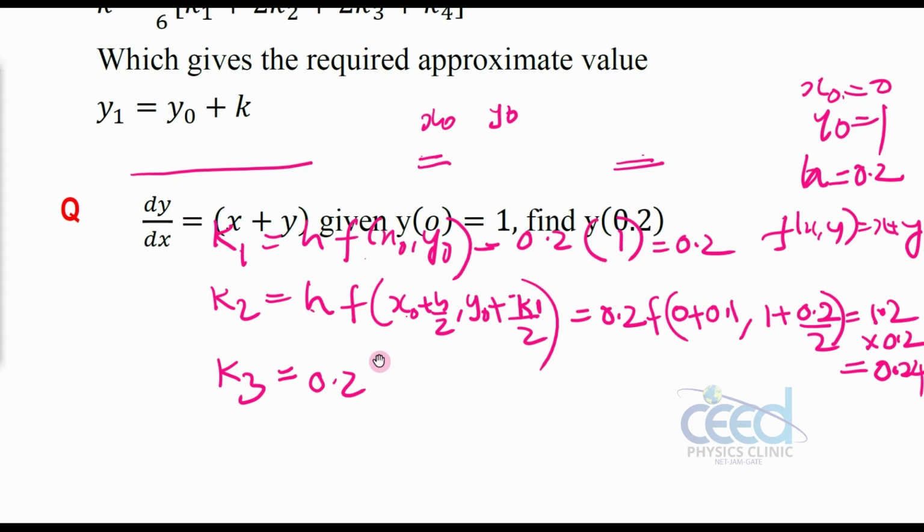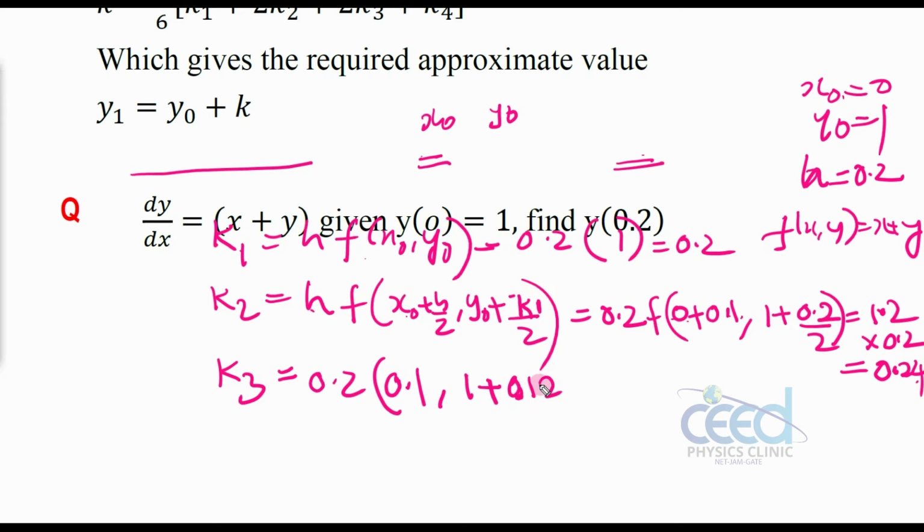We have already calculated, you can directly substitute, that is 0.1. y0 plus k2 by 2, y0 is 1, k2 is 0.24, 0.24 by 2 is 0.12.